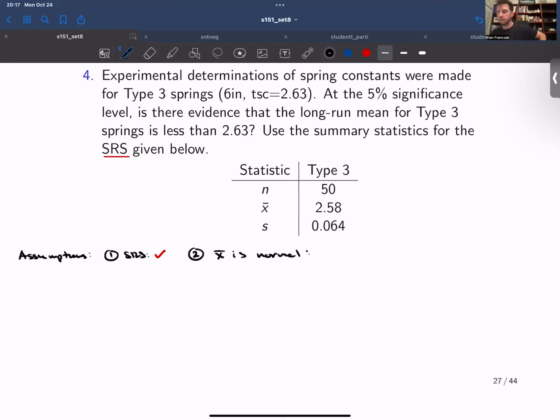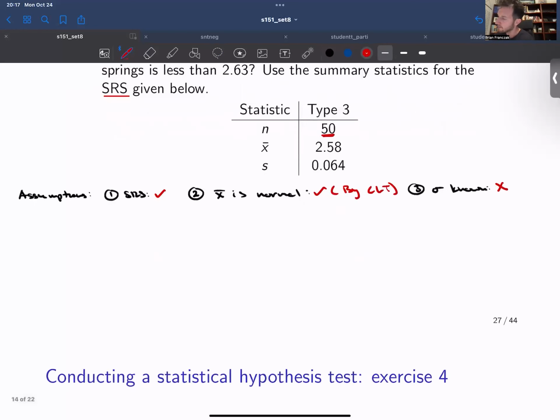We're not given any information about the population from which we are sampling, but we do have a sample size of 50, so we can say that this is true by the central limit theorem. Our third assumption is sigma known. We're not given any population values, so we don't have this value, but that's okay. It just means that this is going to be a t-test.